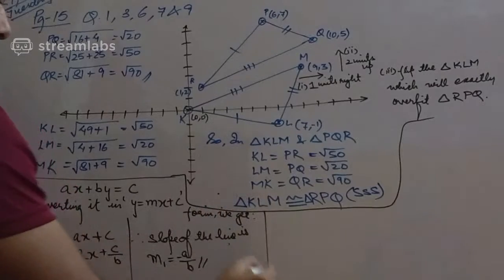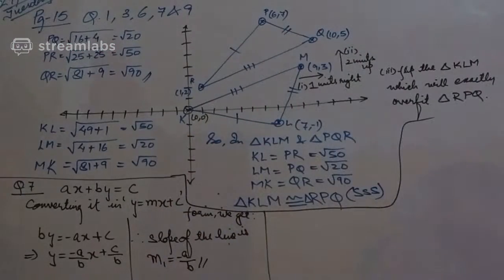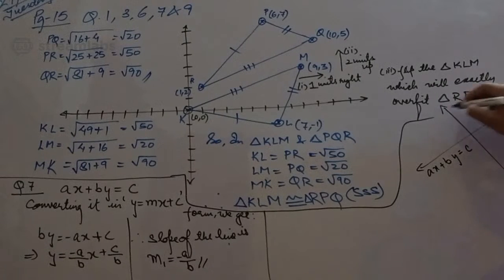Now we need to get the line which is perpendicular to it and passing through the origin. For example, this line is ax plus by equals c, and we have to get the equation of a line which is perpendicular to it and also passing through the origin 0, 0. Hope it is visible to you.